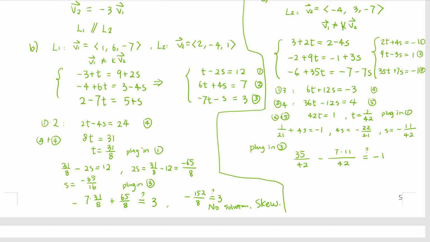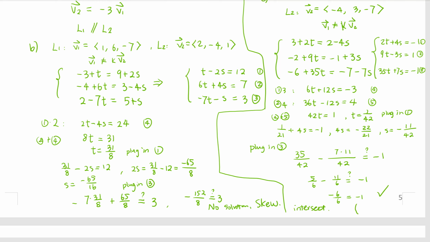The common factor is 7, we can divide by that. This is the same as 5 over 6 minus 11 over 6. Is that equal to minus 1? Well, 5 minus 11 is minus 6, and that's true. Yes, equation 3 is satisfied. So which means we actually get the solution. The lines intersect.